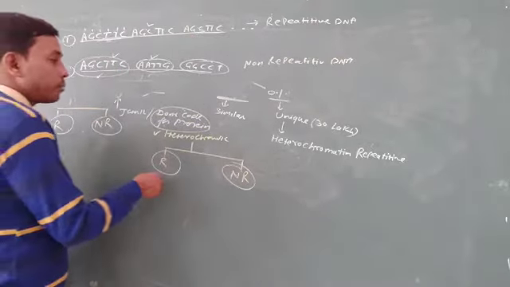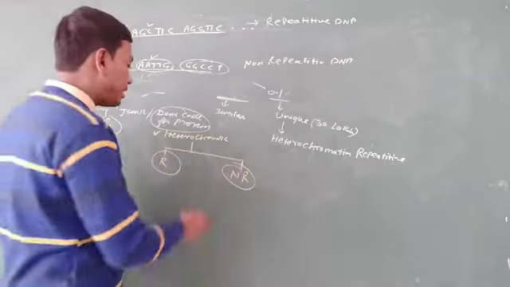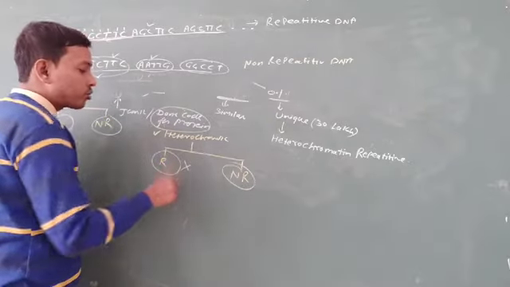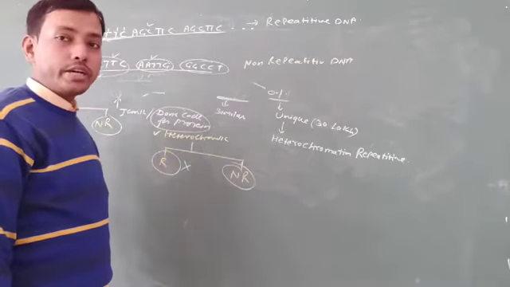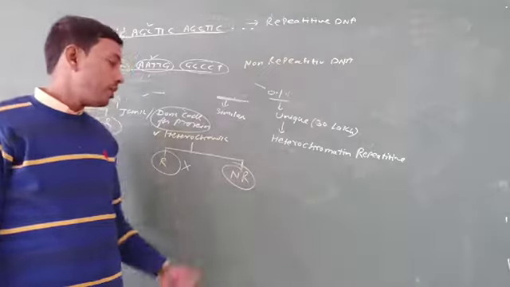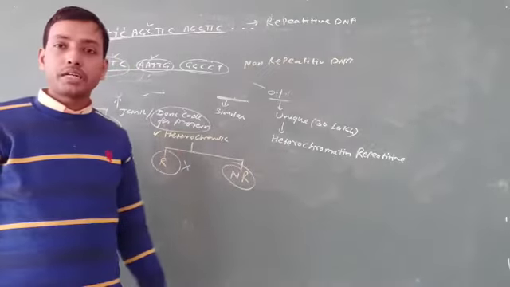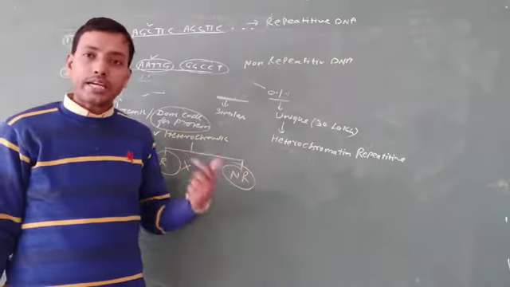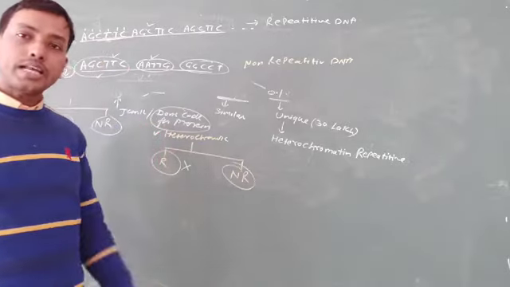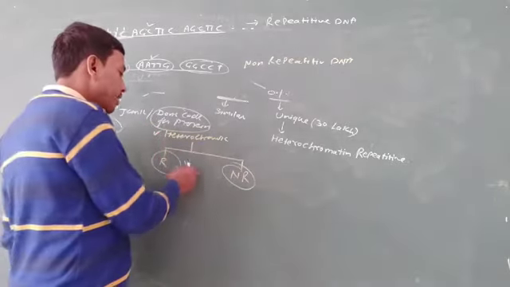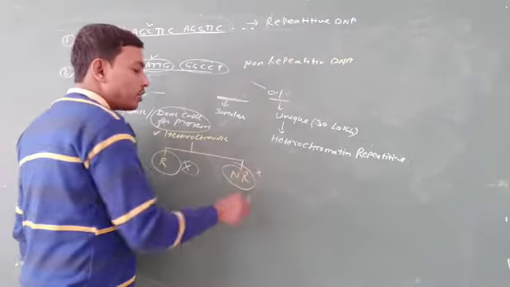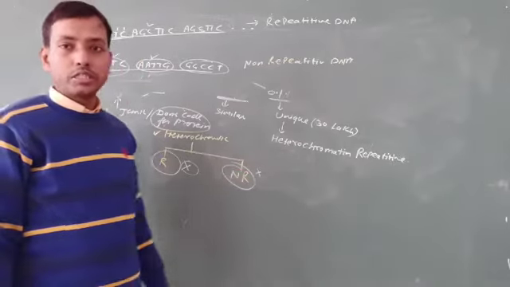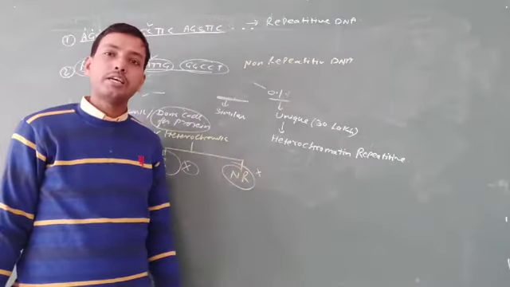Repetitive DNA, if it is part of heterochromatin, does not code for protein. No kind of heterochromatin, whether non-repetitive or repetitive, is able to carry out protein synthesis. I hope this concept is clear.